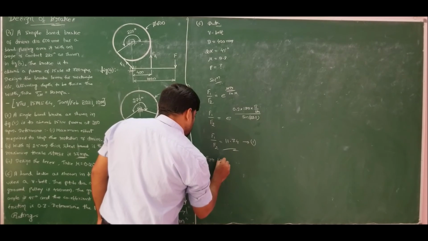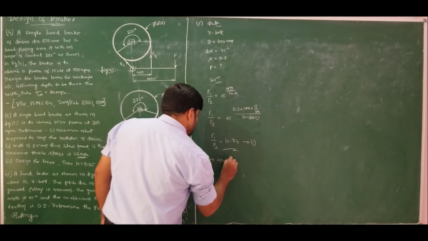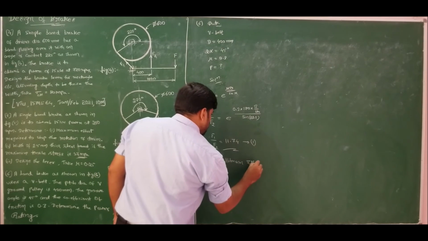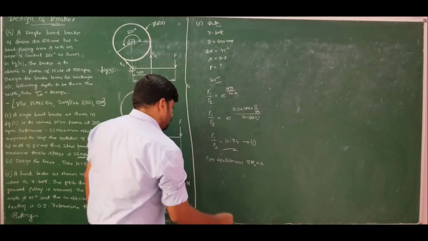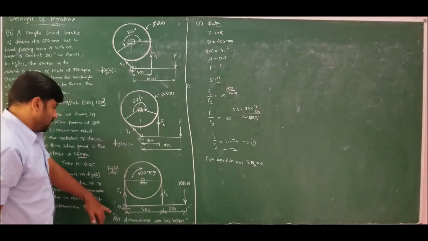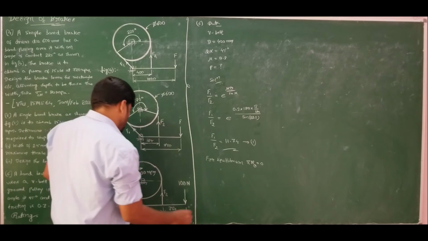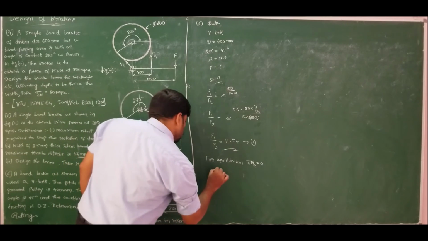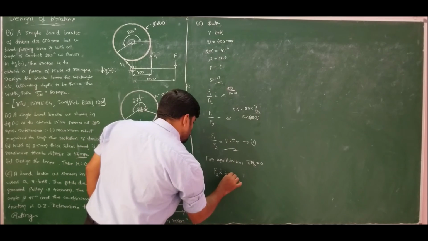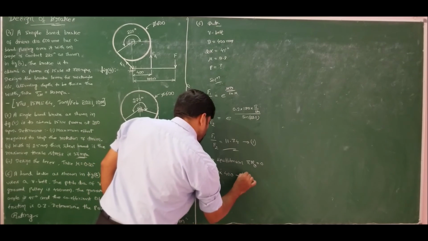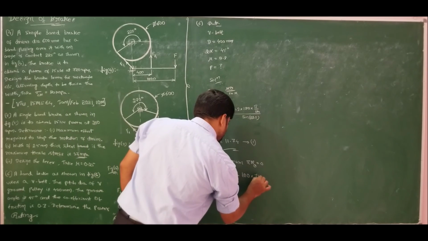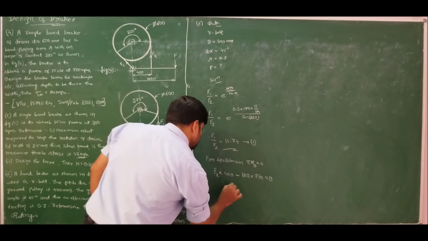So therefore, for equilibrium, summation of moment about O should be equal to 0. So if I take moment about O and equate it to 0, we have F2 into distance 400 minus activating force 100 newtons into distance 750 should be equal to 0.